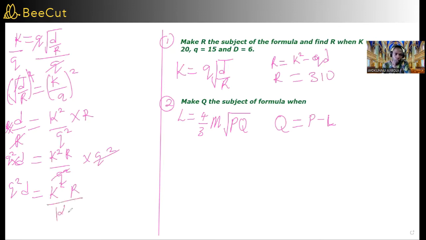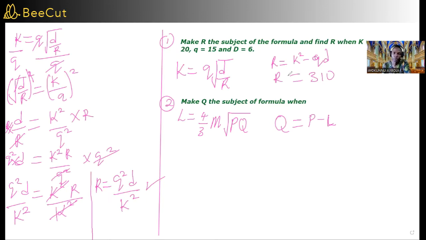So K square cancels K square, then I have my R. So with that, I can have R equals Q square D all over K square. This is the formula connecting all of them together.